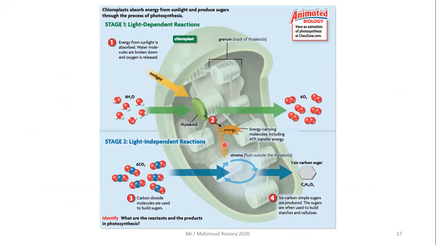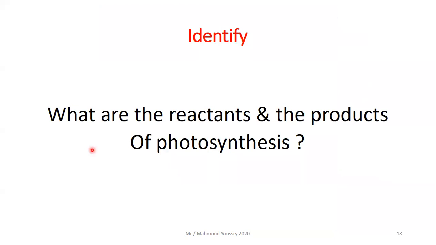Then some of the energy is transported to the second stage, the light-independent reactions. This is where carbon dioxide molecules are used in a series of chemical reactions to produce a 6-carbon sugar, glucose, C6H12O6.